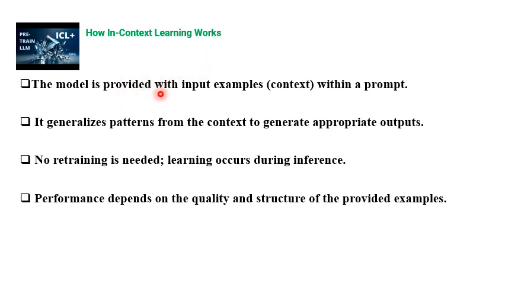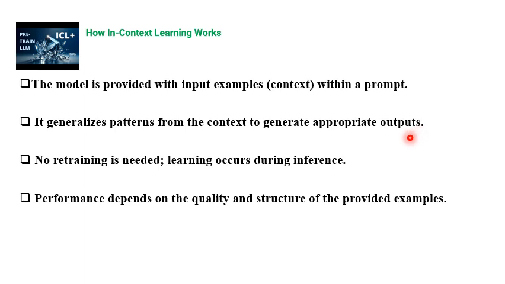The model is provided with input examples, we call it context, within a prompt. We shape a prompt, we write a prompt. As we are writing a prompt, we include some examples in the prompt. Then the large language model generalizes the pattern from these input examples to generate appropriate output.